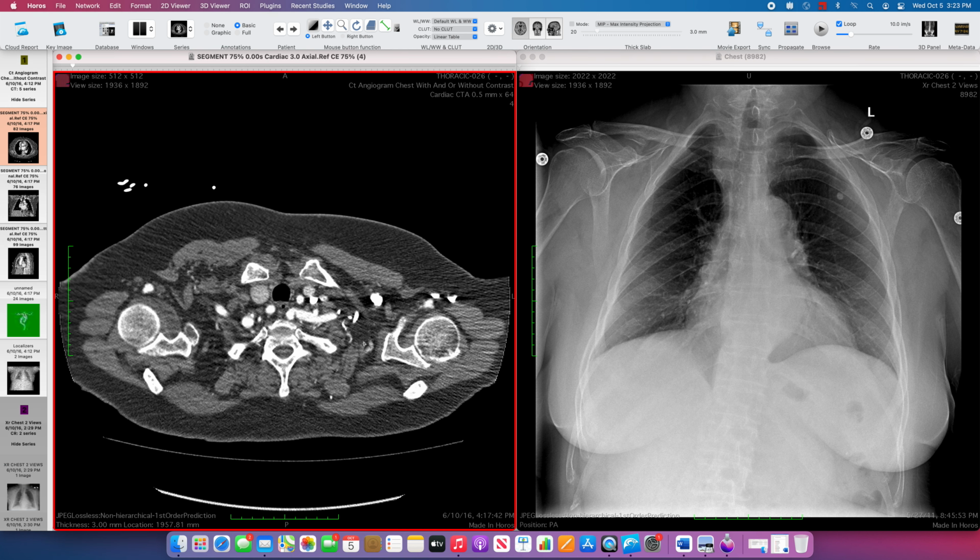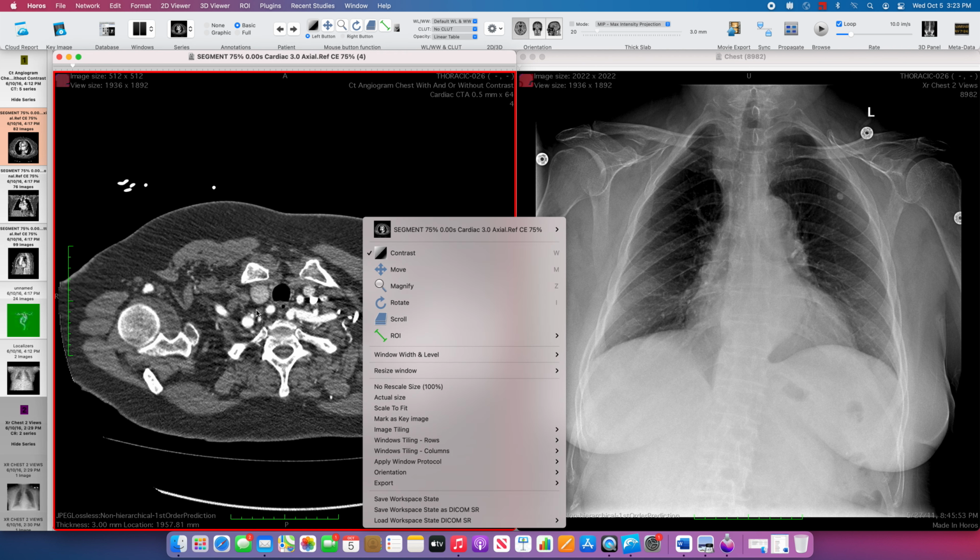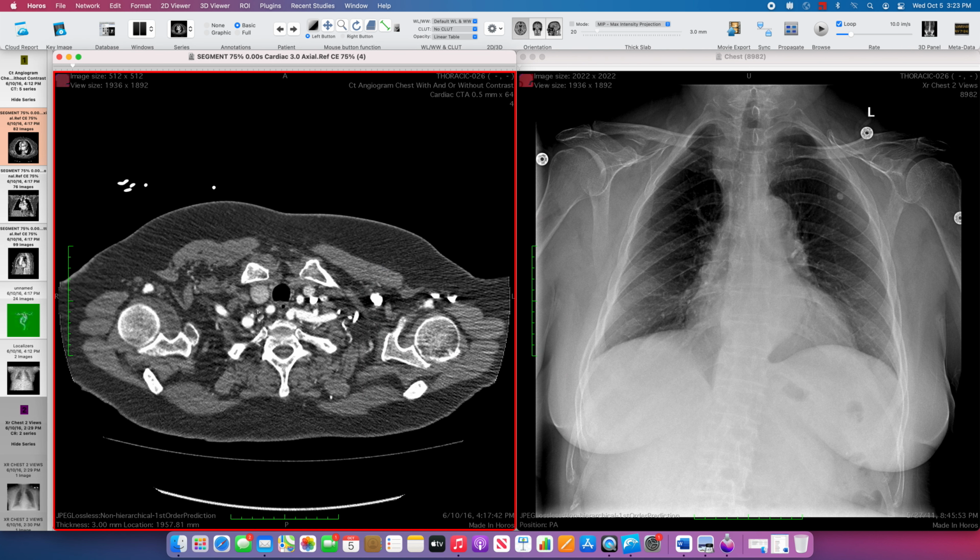Now I will say that generally the chest CT is obtained with and without contrast. We do it without contrast because one of the findings in acute aortic syndrome can be mural hematoma.